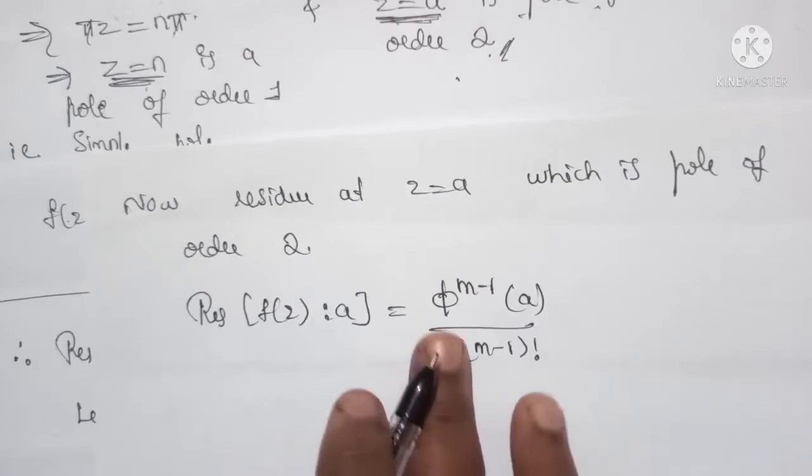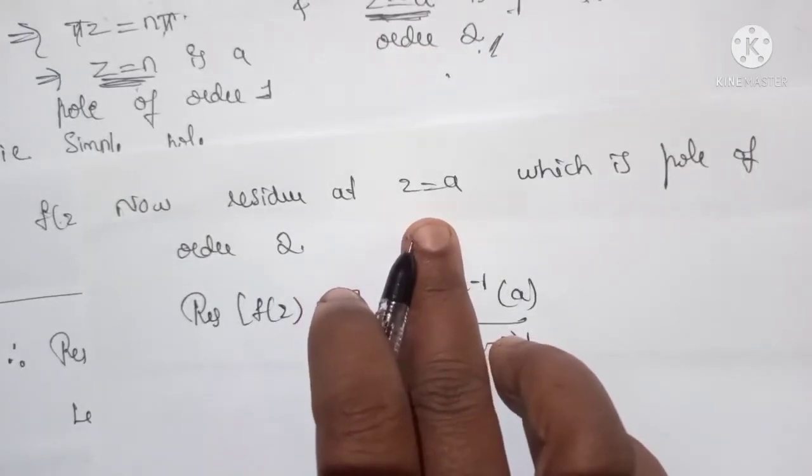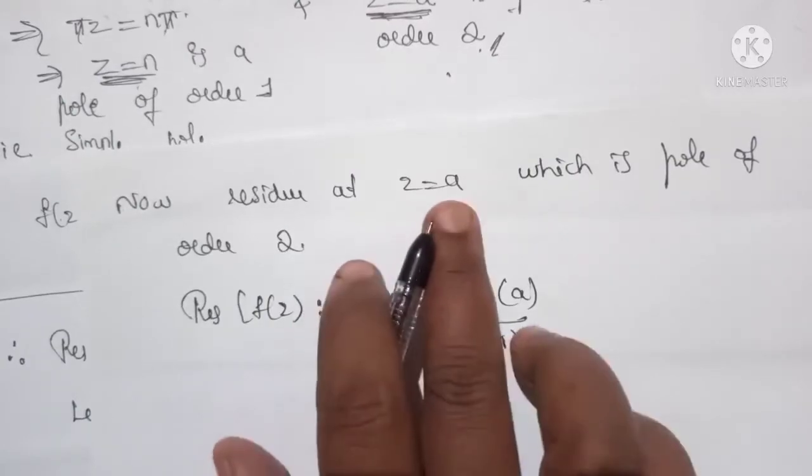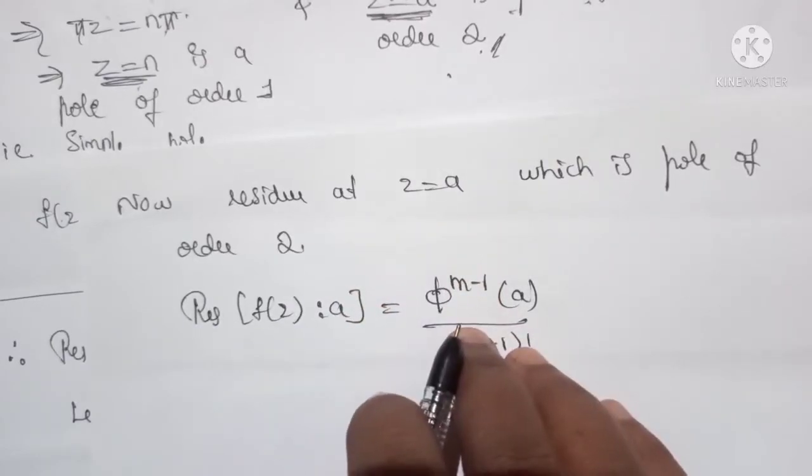First, except the term where we have the pole, we take all the remaining terms as phi of z.